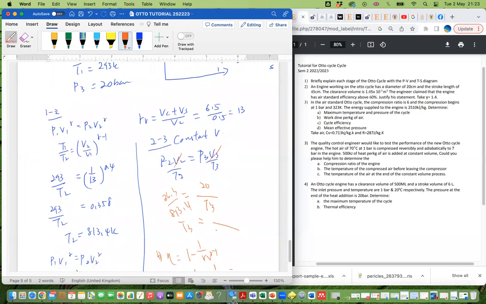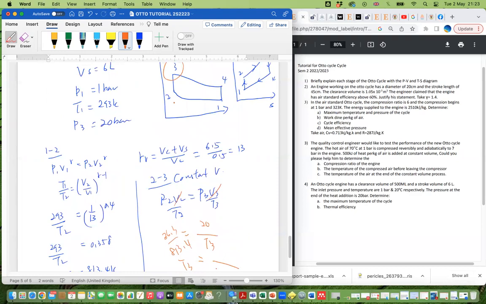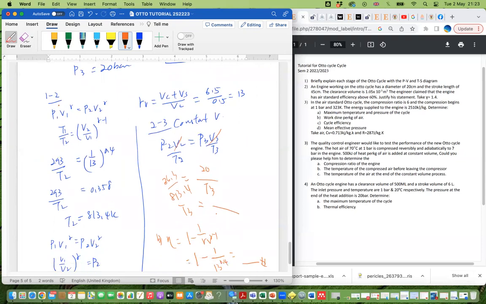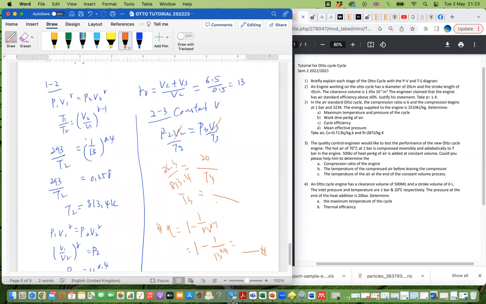So 1 to 2, in order to get the T3, you need to go step by step from T1 to T2, T2 to T3. So 1 to 2 is isentropic. Use the isentropic equation. Since we have the T1, we can use V1 over V2.